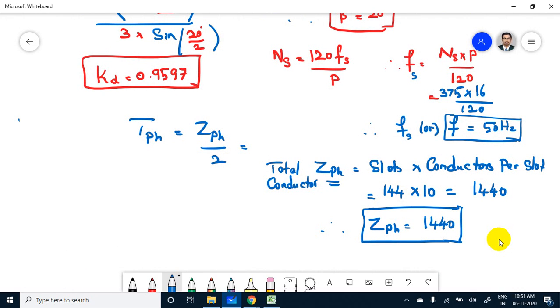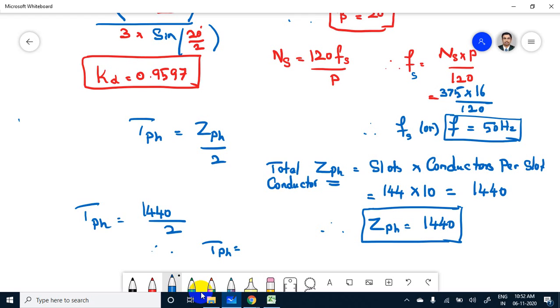Okay, this value substitute in your T phase. T phase is equal to 1440 divided by 2. So how much is my T phase finally? Give the answer. T phase, anyone? T phase is equal to how much?